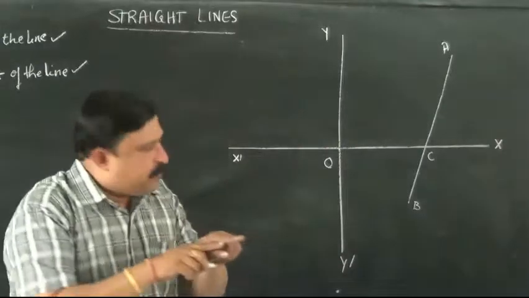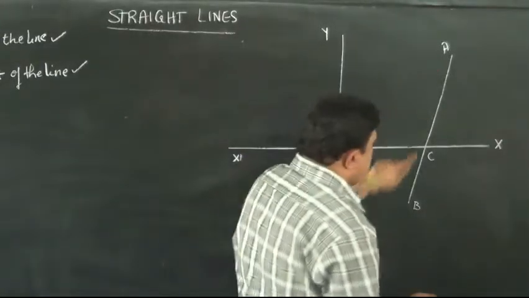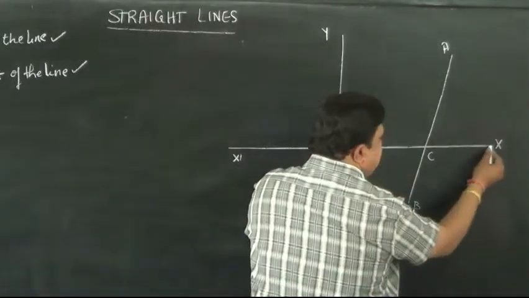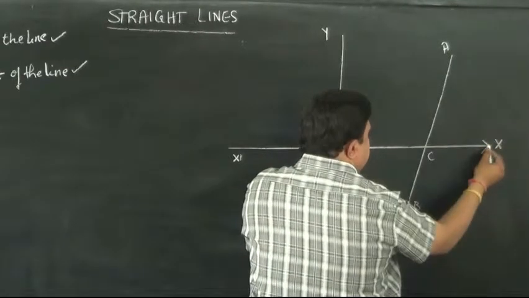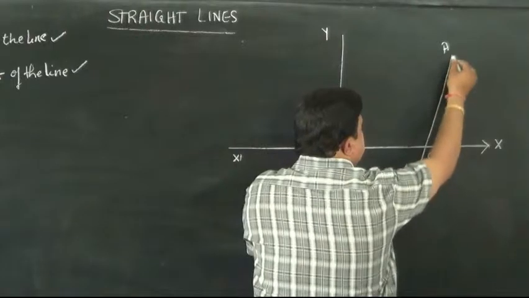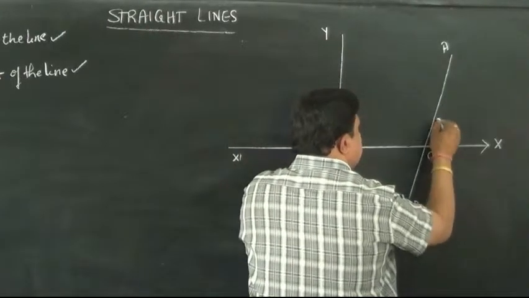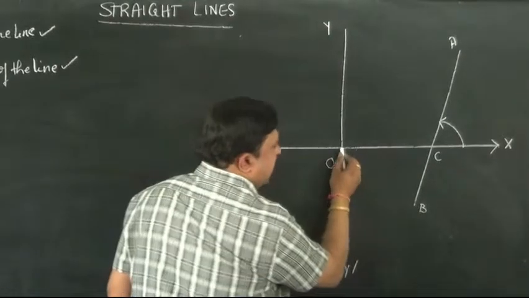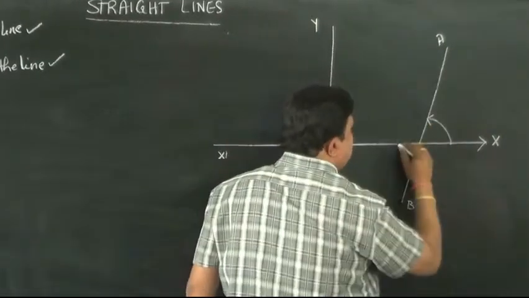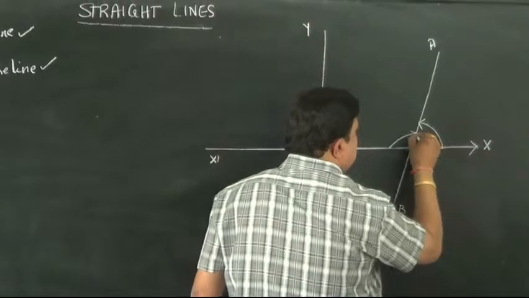The line ACB, as you see here, makes two types of angles with the x-axis. This is the x-axis. It is making an angle XCA, and this angle is measured in anti-clockwise direction. And you have angle OCA, and this is measured in clockwise direction.